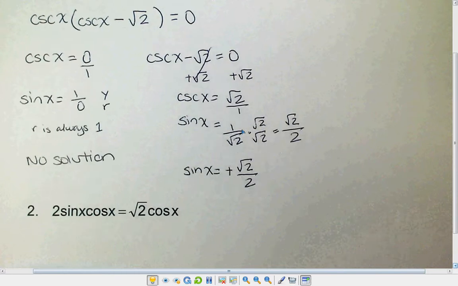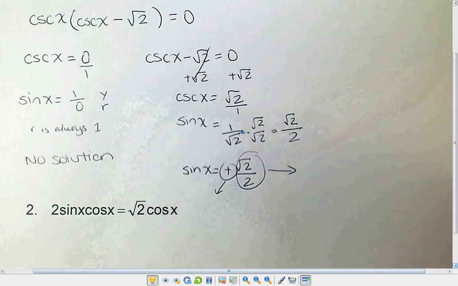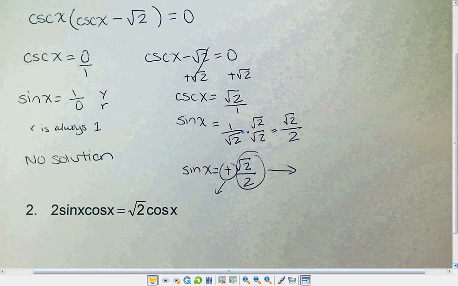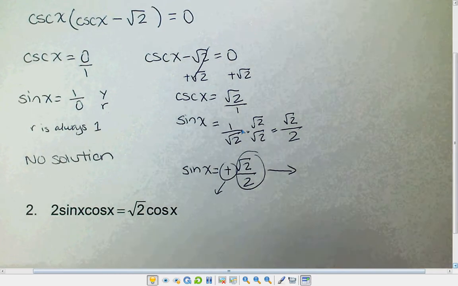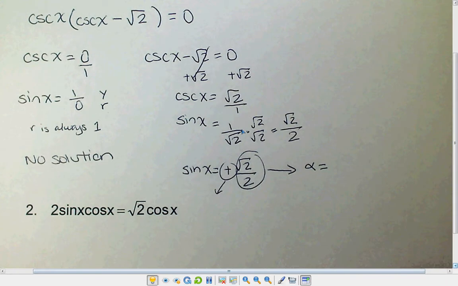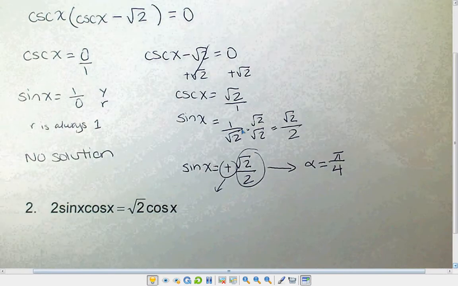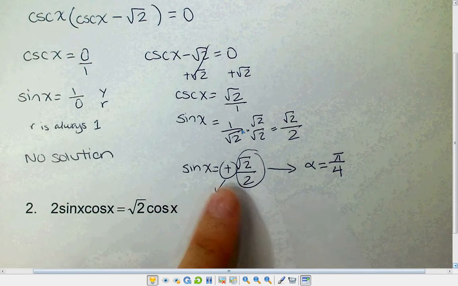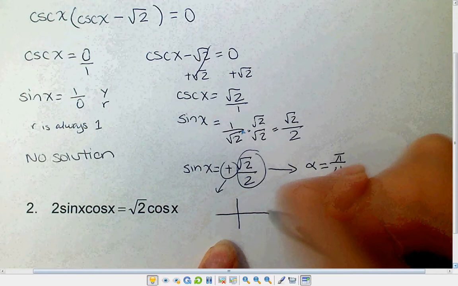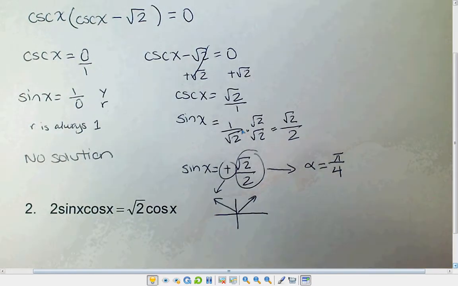Just like before, this is going to be two parts. We want positive sine, and we want to use the chart to find root 2 over 2. In your chart, root 2 over 2 is when theta is pi over 4, and our sine value is positive in quadrants 1 and 2.